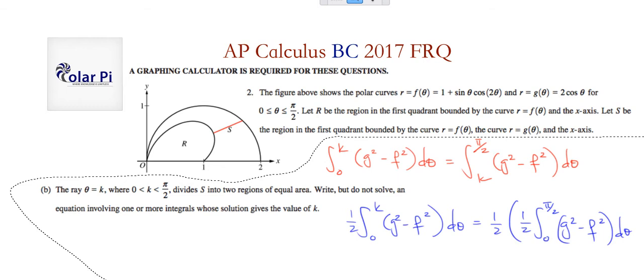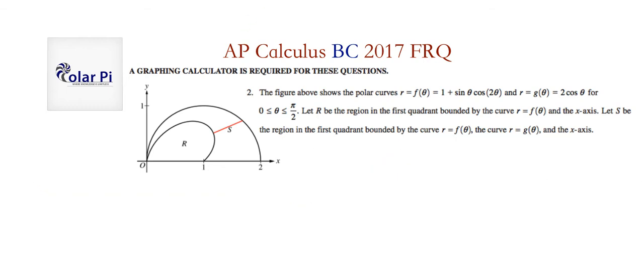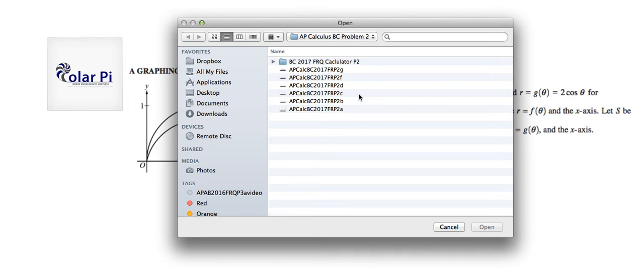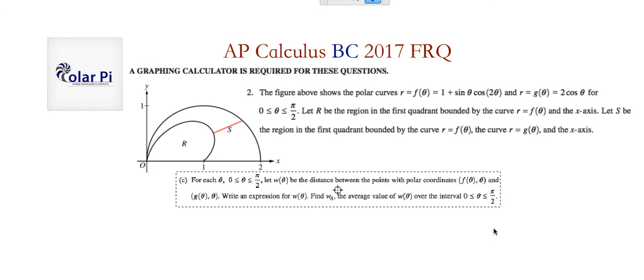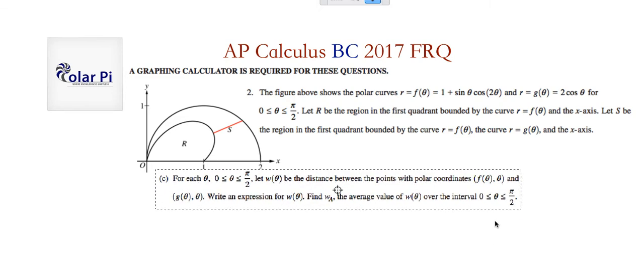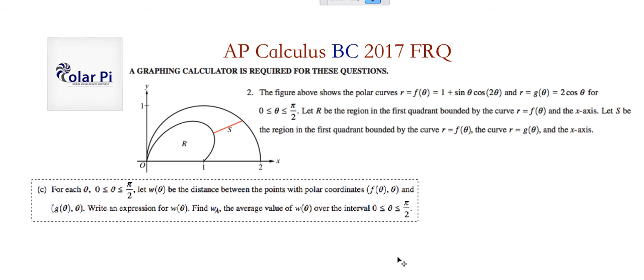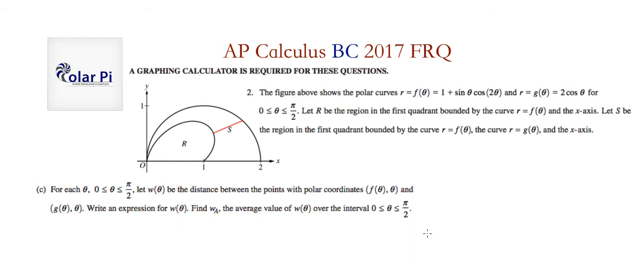The next part, part C, will say the following: for each theta, 0 to pi over 2, let W of theta be the distance between points with polar coordinates f of theta, comma, theta, and g of theta, comma, theta.